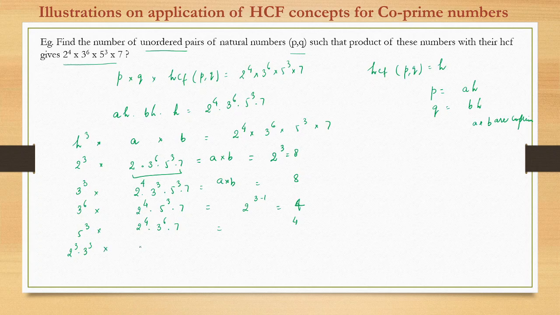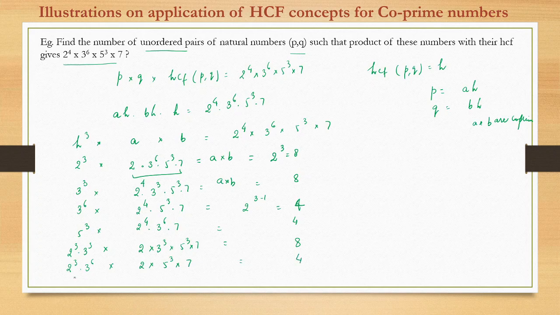And what remains is 2 into 3 cubed into 5 cubed into 7. So it can take 8 values. Now again 2 cubed into 3 raised to power 6, if it takes that, what remains is 2 into 5 cubed into 7. It can take 4 values.